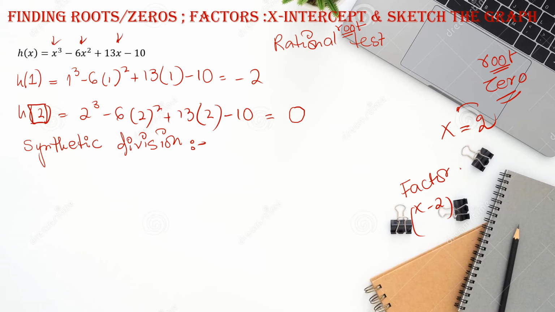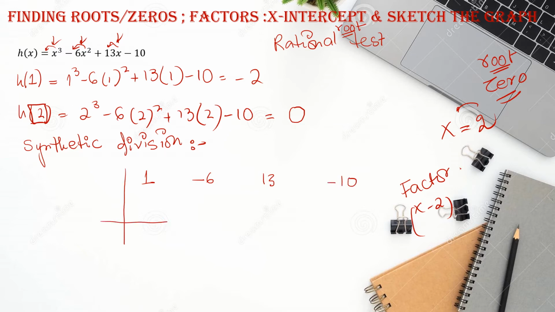The coefficient of x cube, 3 is the highest degree, so the coefficient over here is nothing. It means 1. Then the coefficient of x square is negative 6. Then the coefficient of x is 13. Then there is a constant, that means negative 10.